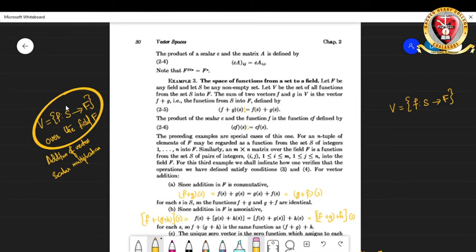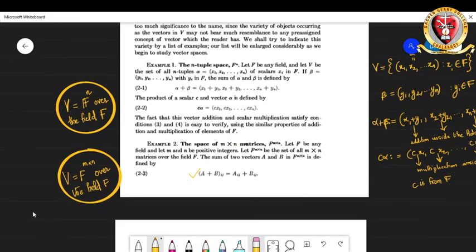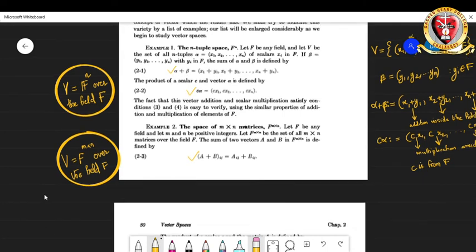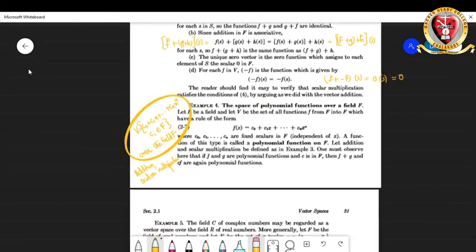Similarly, here also they are defined: the addition, the scalar multiplication. Here also, this is the addition, the scalar multiplication. So all the points should be mentioned rigorously like that.